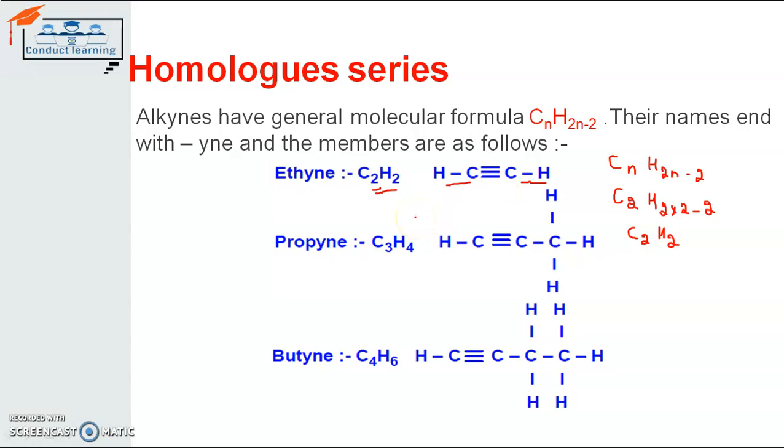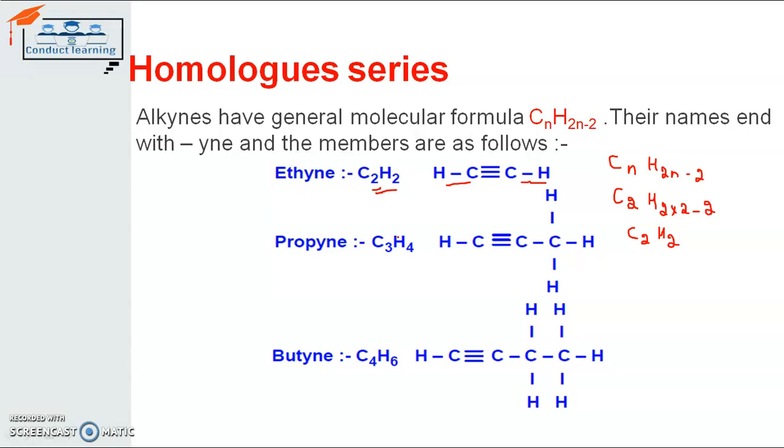Thus, the example of propyne can also be seen, where the chemical formula for propyne is different from ethyne by the number of carbon atoms and the number of hydrogen atoms. Because of that carbon and hydrogen atom difference, these compounds come under the homologous series of carbon compounds, because they differ by the number of carbon and hydrogen atoms only.